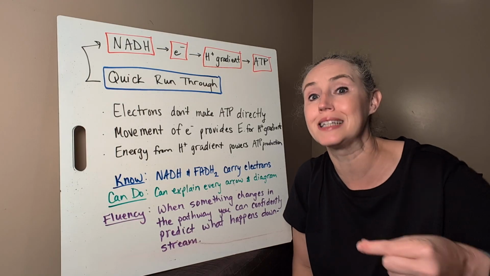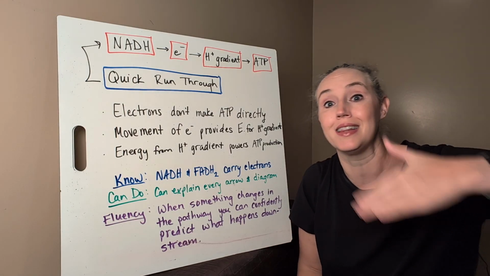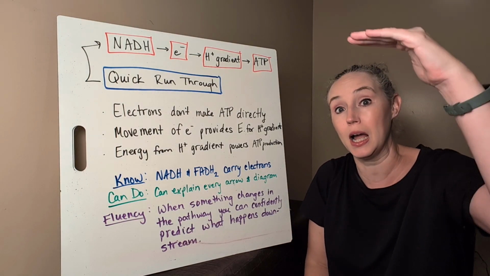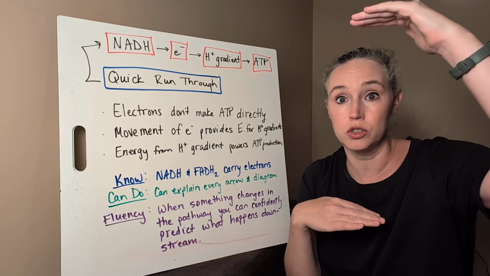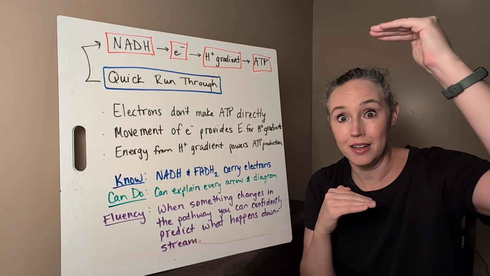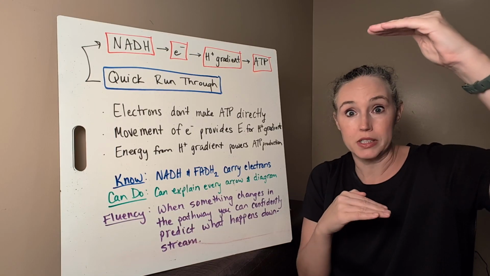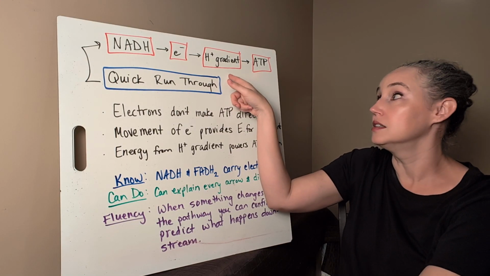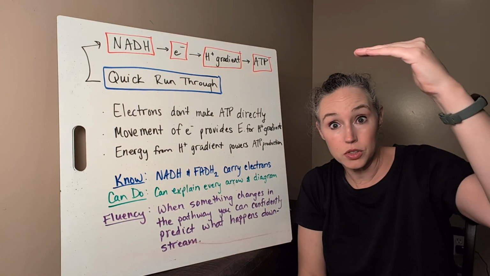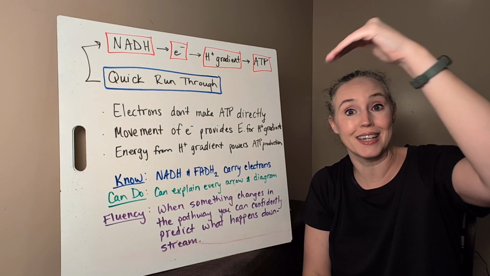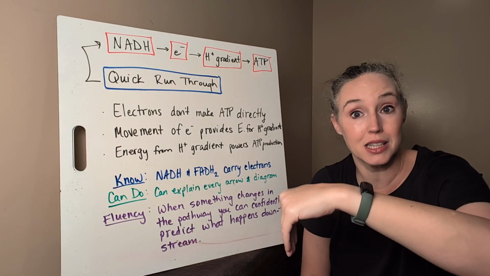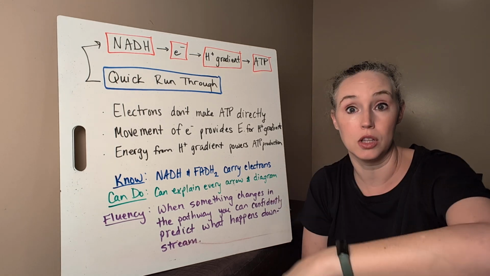What is that cell work? Establishing the proton gradient in the intermembrane space, that high potential energy area versus the matrix, which is a low potential energy area. Then, once we've established that gradient, the high potential energy transforms into kinetic energy as it flows through ATP synthase from an area of high to low concentration.